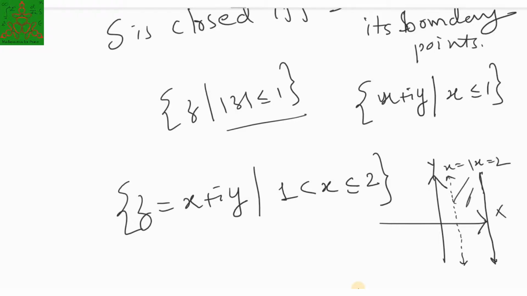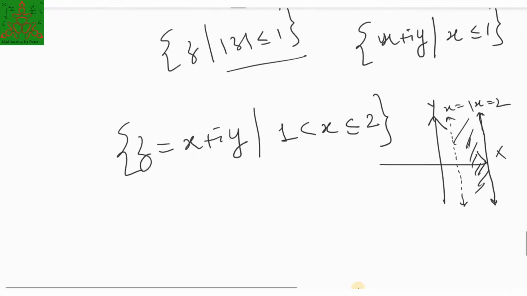What are the boundary points of this set? The x equal to 1 line and the x equal to 2 line are the two lines which form the boundary of this set. But this set is neither open nor closed, because it does not contain all of its boundary.